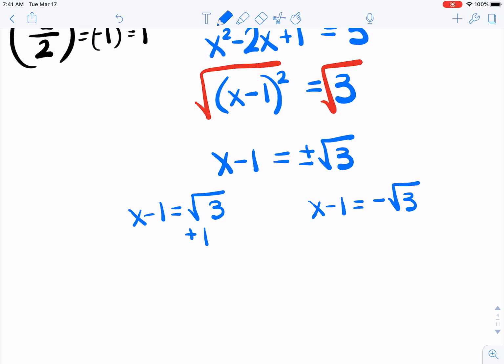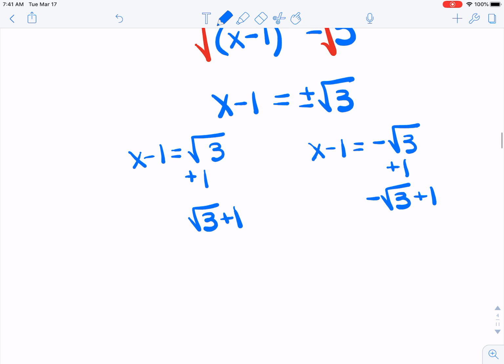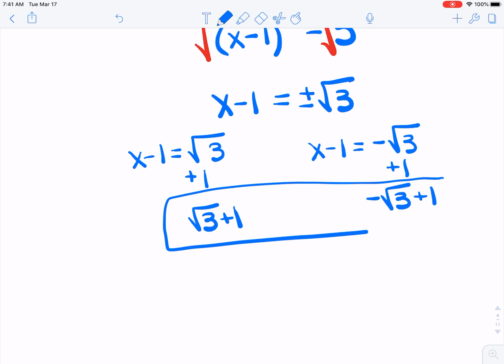So you're going to add 1, so I have the square root of 3 plus 1, and I have negative square root of 3 plus 1. You can write your answer like this, or you can use the plus or minus sign, which would simply be 1 plus or minus the square root of 3.